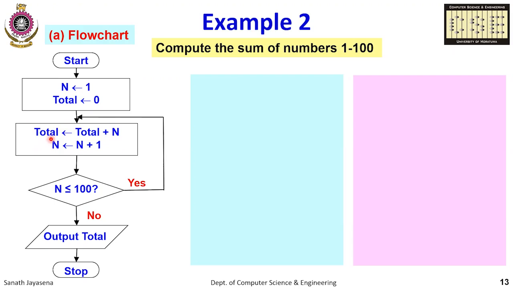So total is the running total, the sum that we keep track of in this computation. And when n becomes 101, you come here and output the total. I hope you understand that one. If not, you can go through it again and see whether you understand.